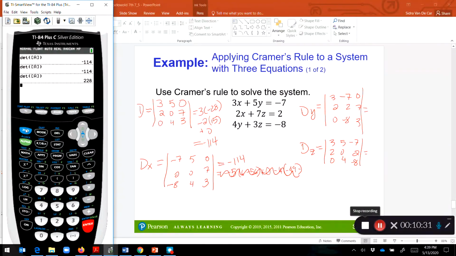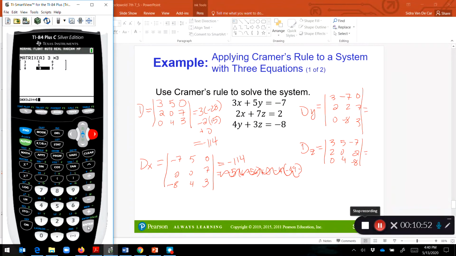Now let's adjust it again and figure out the last one. So we're going to go edit, and we're going to change that second column back to 5, 0, 4.